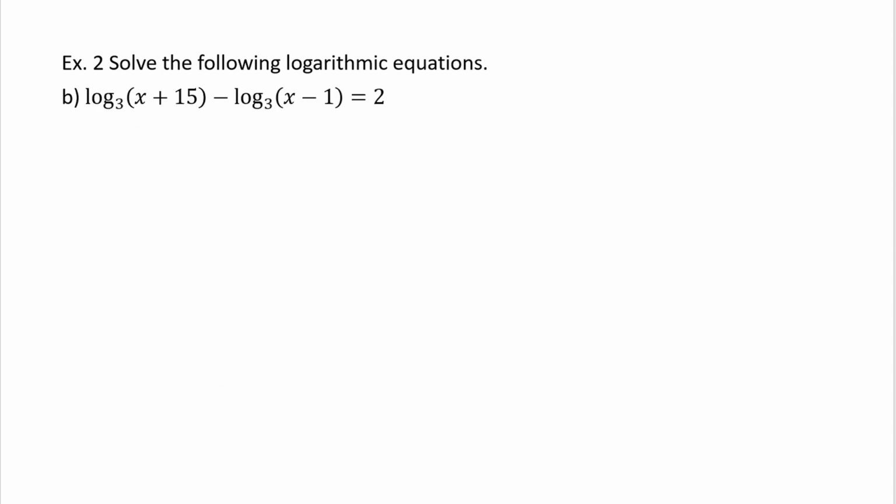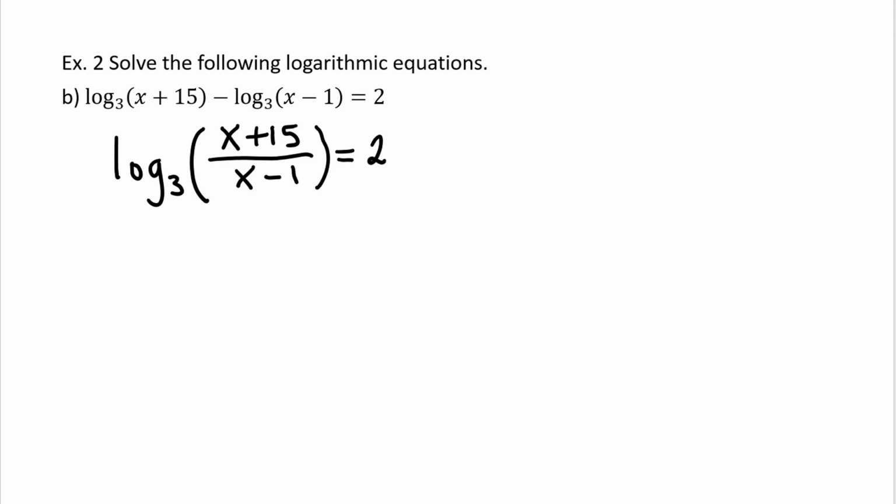Part B, log to the base 3 of quantity x plus 15 minus log base 3 of quantity x minus 1 equals 2. The two logarithms on the left-hand side will require us to use the laws of logarithms to combine. So we will combine this as log base 3 of the argument of the first term, x plus 15, divided by the argument of the second term, x minus 1, equals 2.